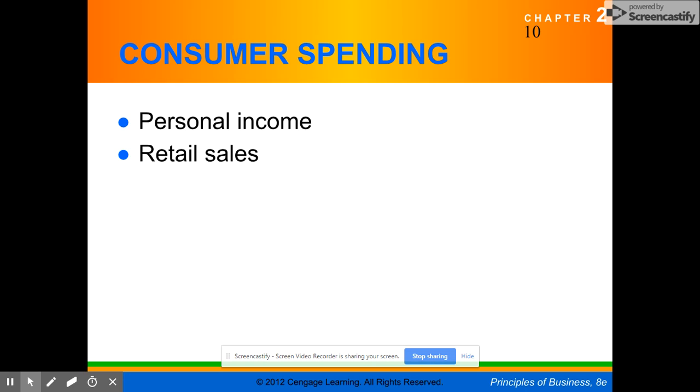So, people use their personal income to buy stuff, and that is tracked as well. So, if consumer spending is increasing, that could be a sure sign that our economy is growing. And one way they can track that is through retail sales.